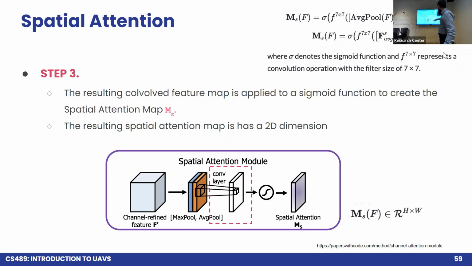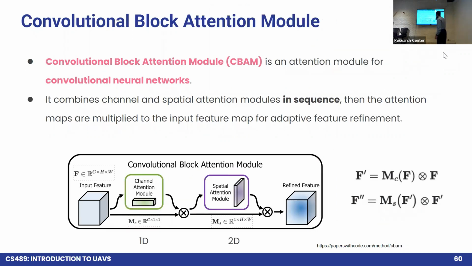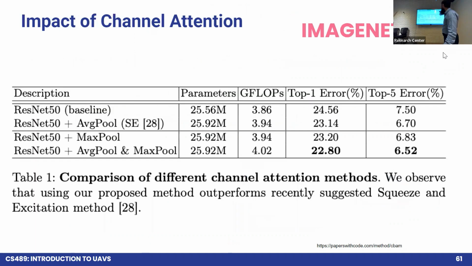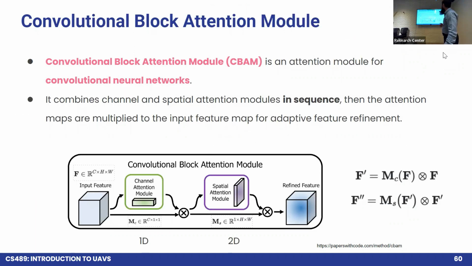Finally we generate the spatial attention map MS. So at the end, we create the refined total feature map. This is 1D, this is two-dimensional. And this summarizes the whole convolutional block attention module.